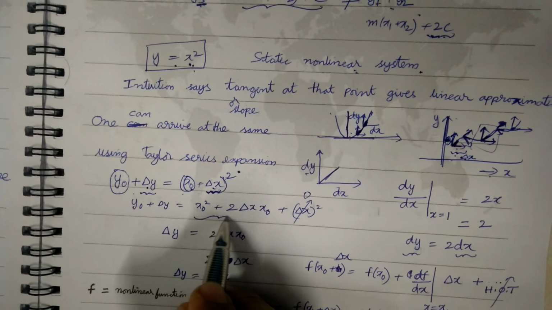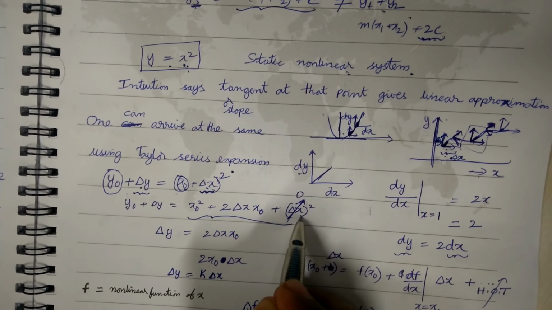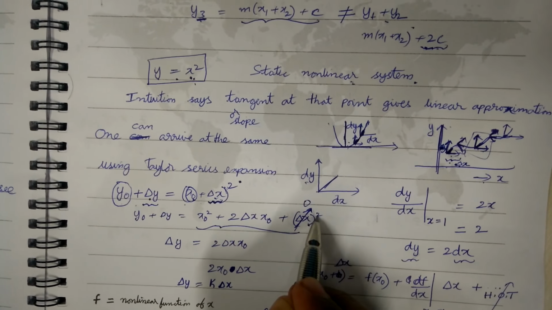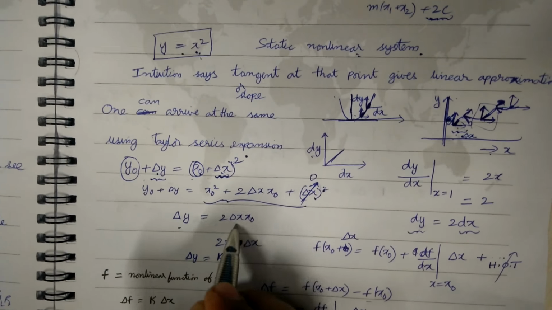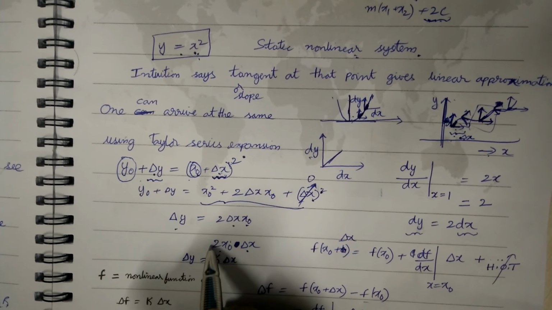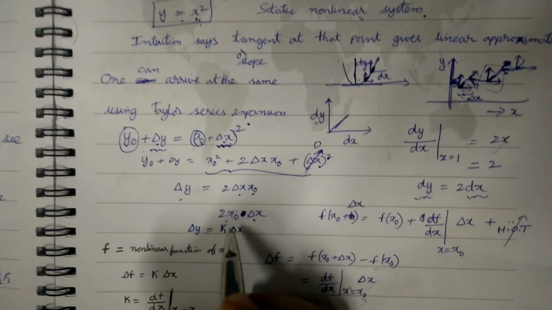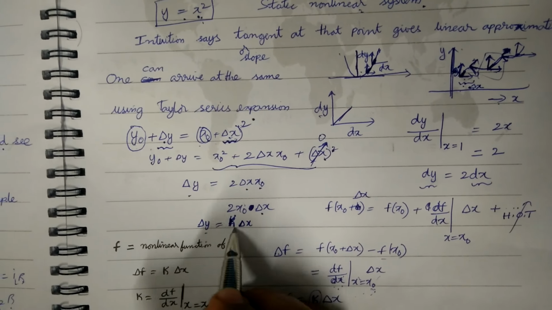If we expand this, we will get it like this. As delta x is very small, delta x squared can be neglected. So delta y will be 2 x0 delta x. If you substitute a value of x0, this will become a constant. So delta y = k delta x.